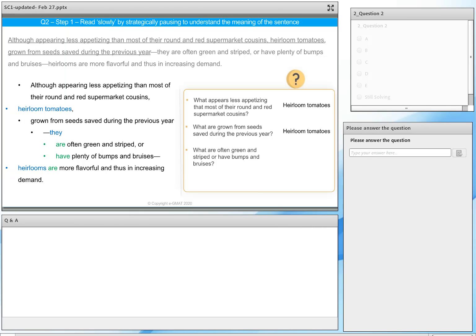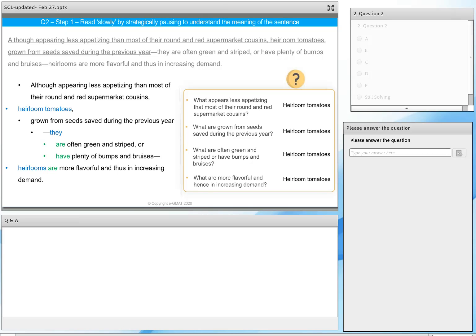Awesome. Nicely done again. Heirloom tomatoes. Excellent. And let me clear these out. And my last question for you, what are more flavorful and hence increasing in demand? Perfect. Yes, heirloom tomatoes across the board.